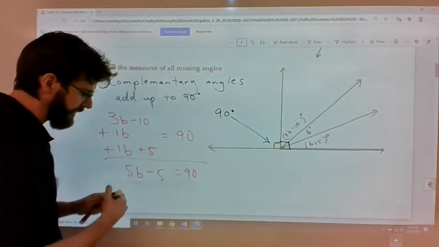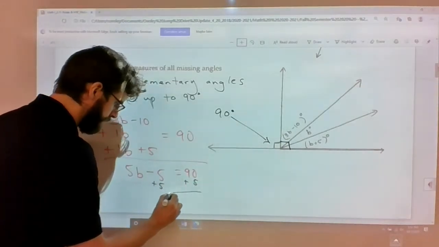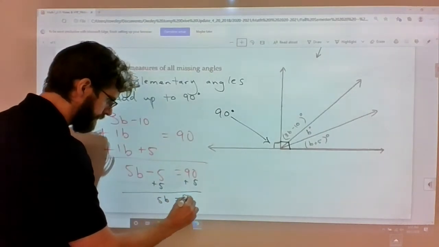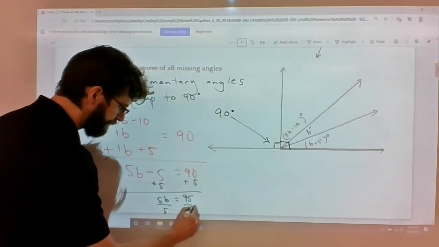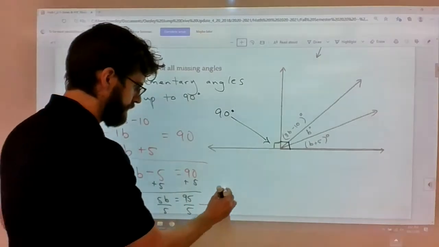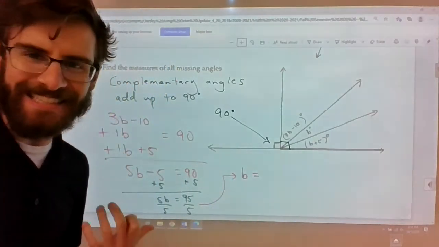Add 5 to both sides. Divide by 5. So b ends up being 19.